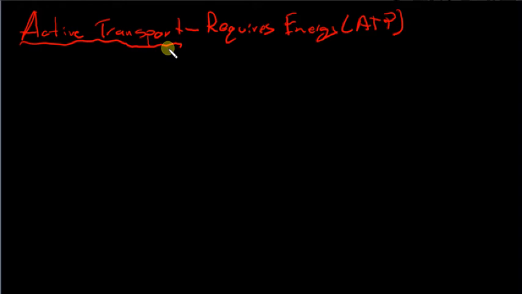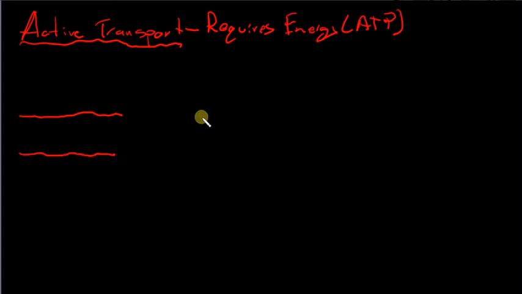So the first one that we're going to look at in active transport is a membrane pump. So what you're going to see in active transport is kind of the same thing.